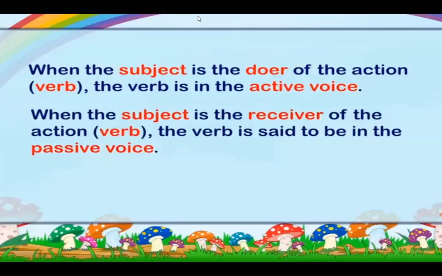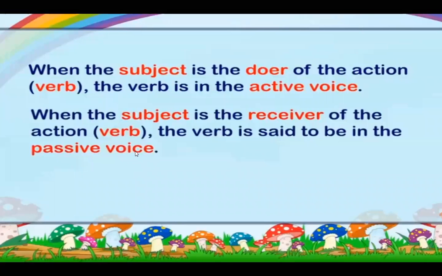When the object comes in the beginning of the sentence, it is passive voice. Very nice. So when the subject is the receiver of the action, the verb is said to be in the passive voice.